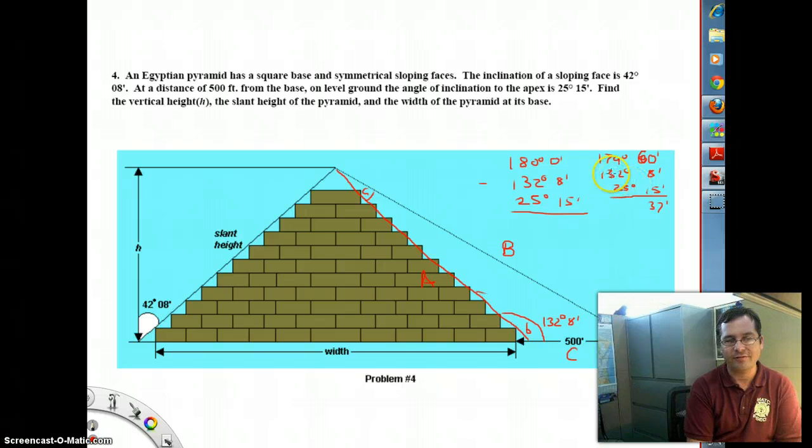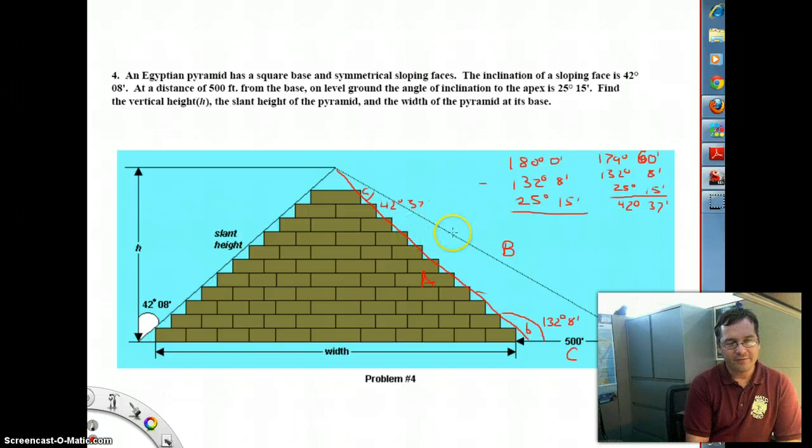Well, 132 and 25 is 157. Let's see, if it was 139, it'd be 40. So 42 degrees, 37 minutes. Okay, so angle C is 42 degrees, 37 minutes.